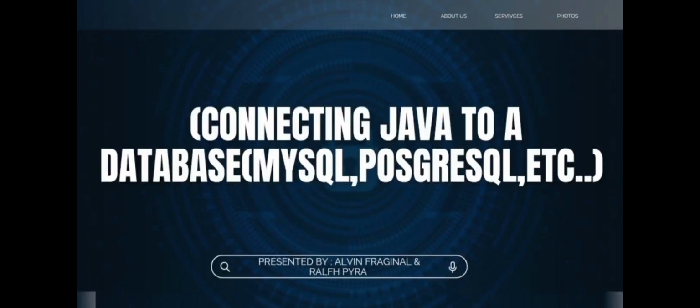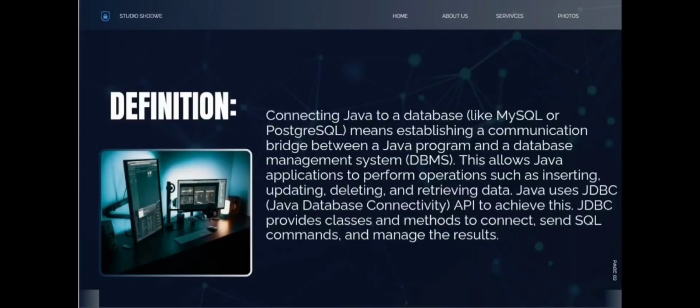So, good day everyone. Our topic for today is connecting Java to a database. Connecting Java to a database means establishing a communication bridge between a Java program and a database management system, or DBMS.